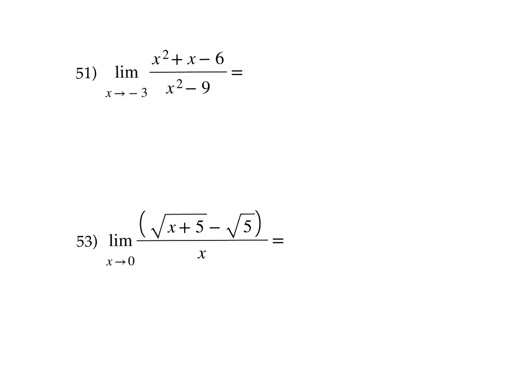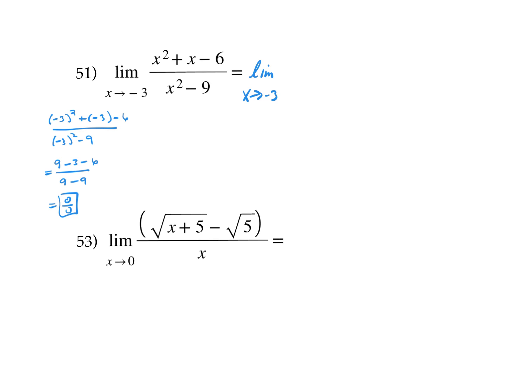All right, again, if you tried plugging in -3, so -3 squared plus -3 minus 6 over -3 squared minus 9, that would give you 9 minus 3 minus 6 over 9 minus 9, which would be 0 over 0. Again, not our answer, right? That's that indeterminate form, but it does signal that we can remove the discontinuity.